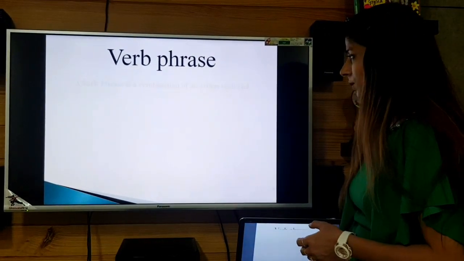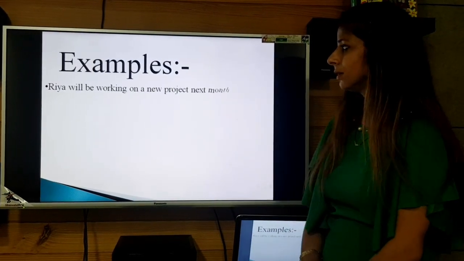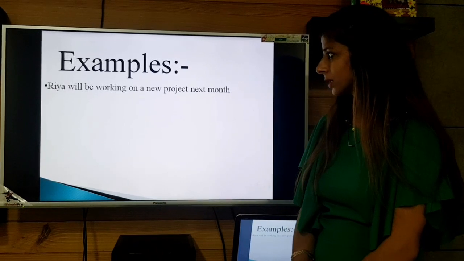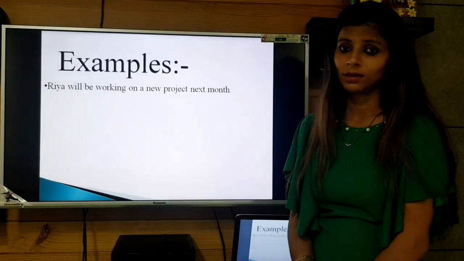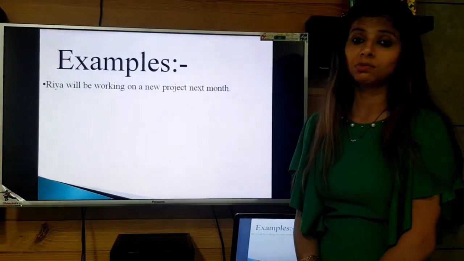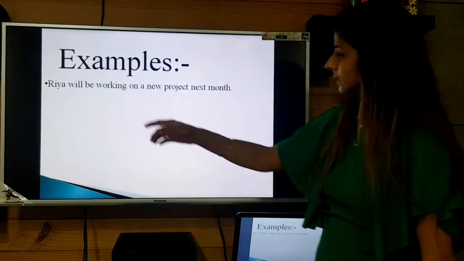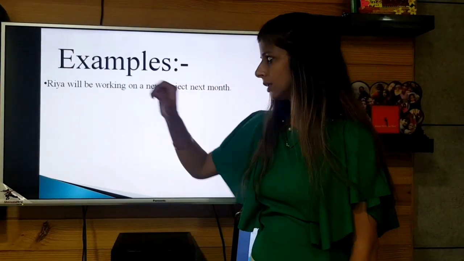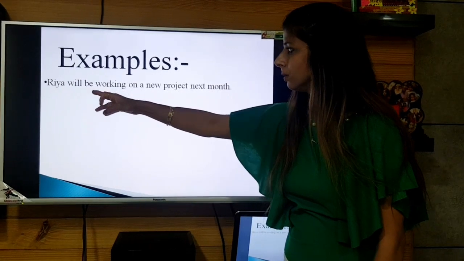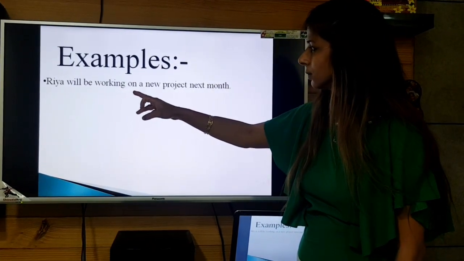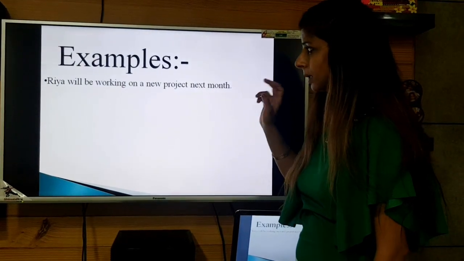So here we go with the examples. First example: Ria will be working on a new project next month. Let's spot the verb phrase in this sentence. Let's read out the sentence. Ria, that is a noun, will be working on a new project next month.